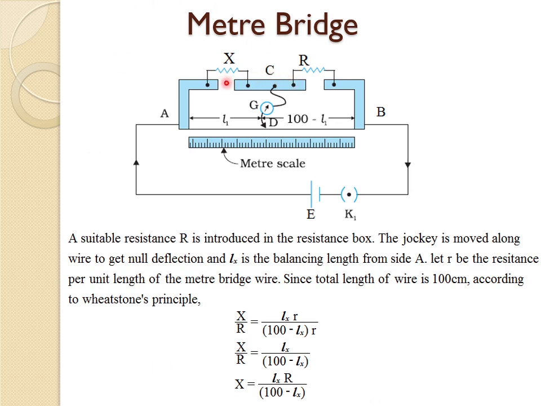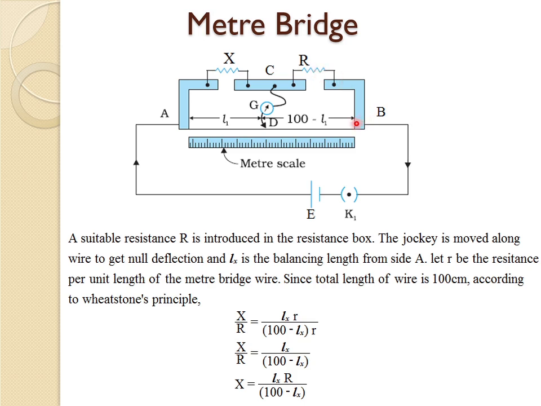Now we can repeat the experiment by changing the gap. That means we interchange X and capital R, and then again we measure the balancing length as we did in the previous case. Here the balance length is measured from the point B, because the unknown resistance X is connected in the right gap.